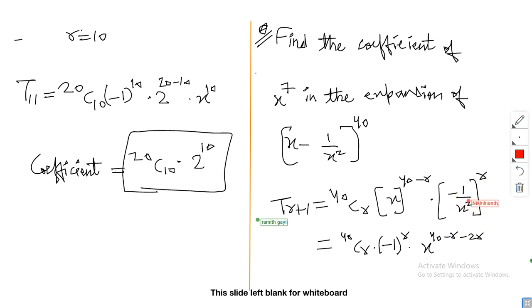How is it minus 2r? I didn't get where the 2 came from. Maybe you can add one more step. I wrote it a little directly.